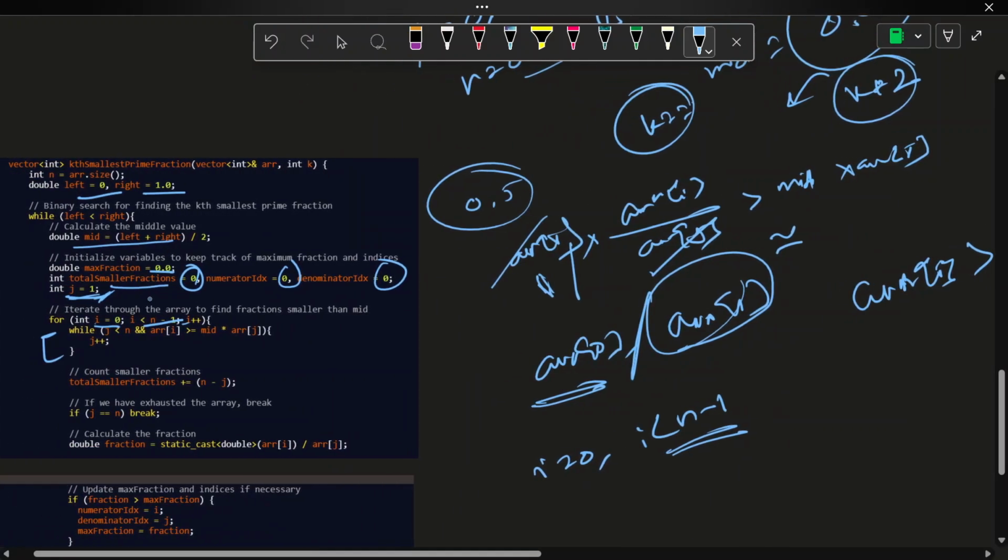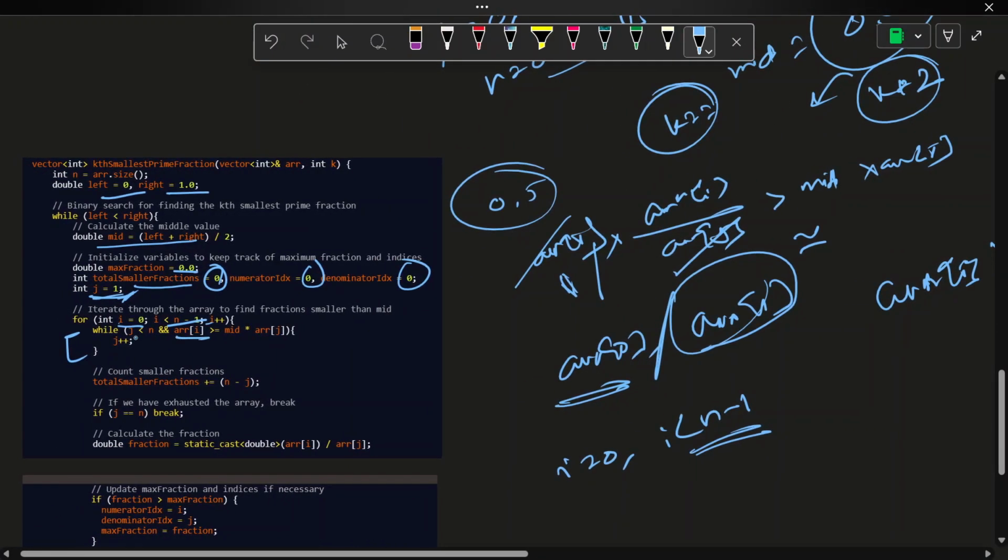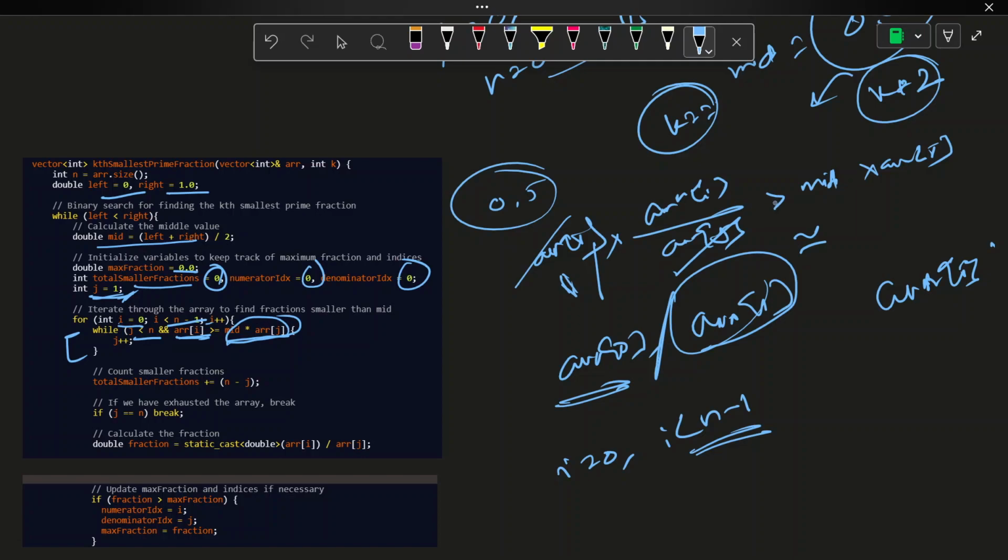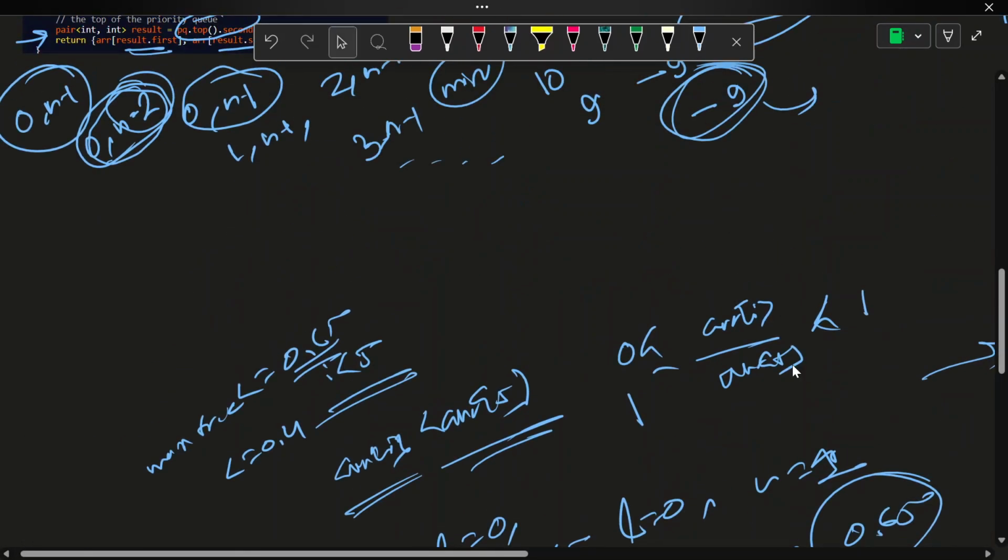So that's why here I have done j less than n and array of i greater than or equal to mid into array of j. Similarly, till the fraction value is greater than mid, I will shift, till we get a fraction value that is smaller than mid. So j plus plus, I shift the denominator from left to right.